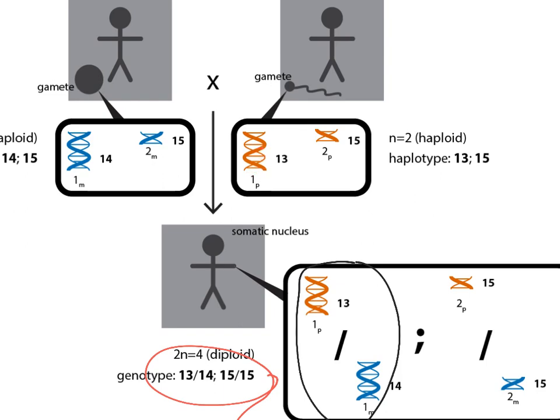There's no slash because this is a haploid cell, so there are no homologs to separate. This has one copy of chromosome 1. It's got 13 repeats. So that's why its haplotype is 13 on one chromosome. We use a semicolon again to separate the two chromosomes. Then we give the haplotype, whatever allele is on, in this case, chromosome 2, which is 15 repeats.